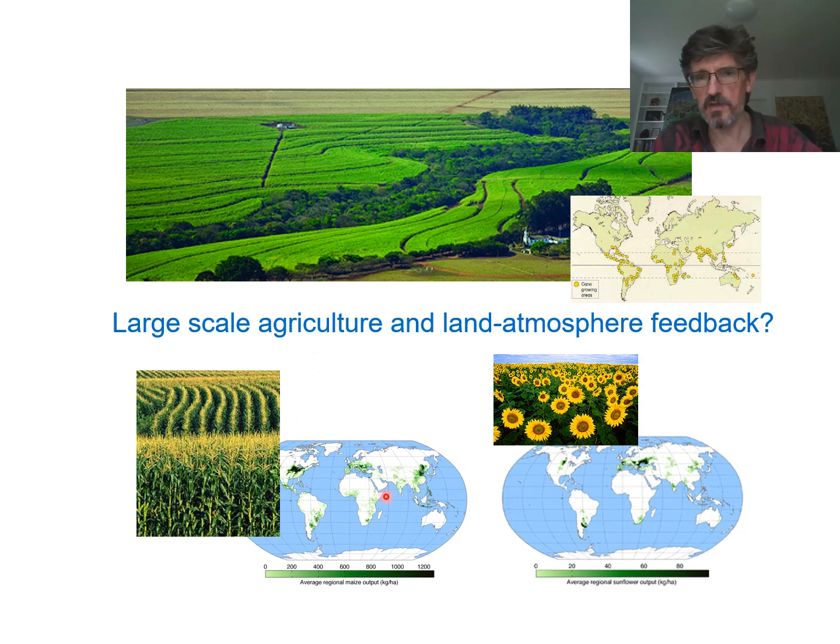Or what if in other parts of the world we're taking expansive areas of forest or prairies and cultivating them now with corn, which is a fast-growing, thirsty type of plant, which has C4 photosynthesis. Similarly, another C4 plant is the sunflower, which is also cultivated extensively in different areas.